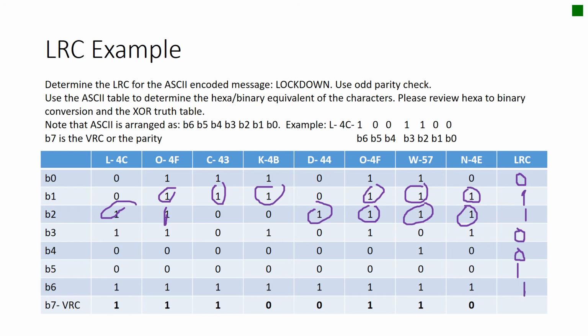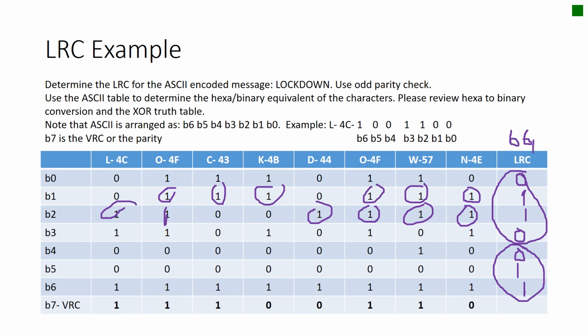Okay, so this is the result of your LRC. If you're going to count the number of LRC bits, the LRC is also consisting of 7 bits, which is actually equivalent to another ASCII character. Okay, so 110 is 6. This one, 6. And then 0110 is equivalent to 6.